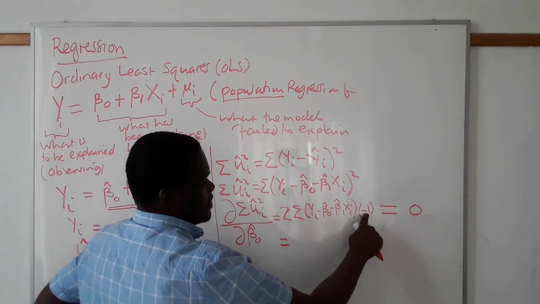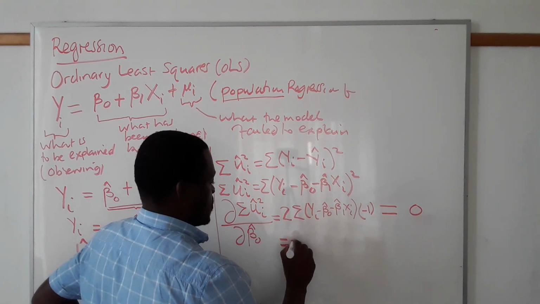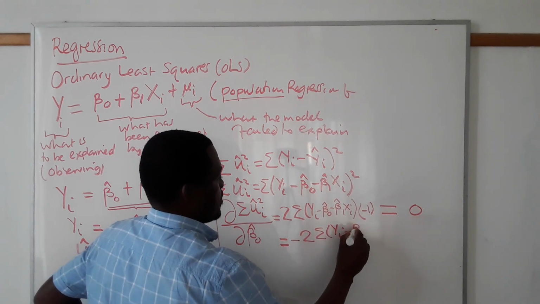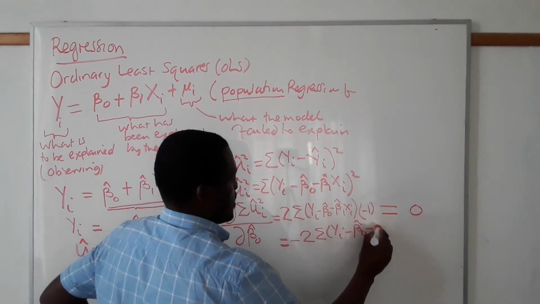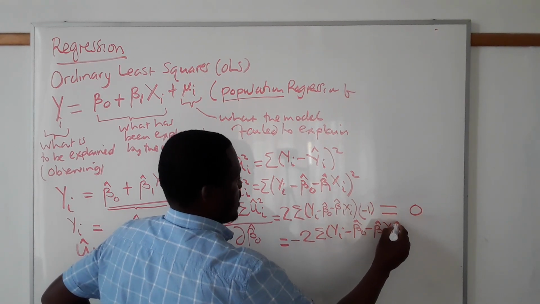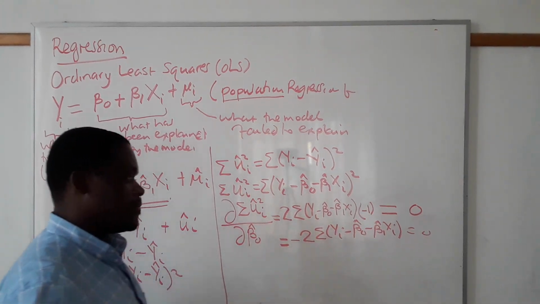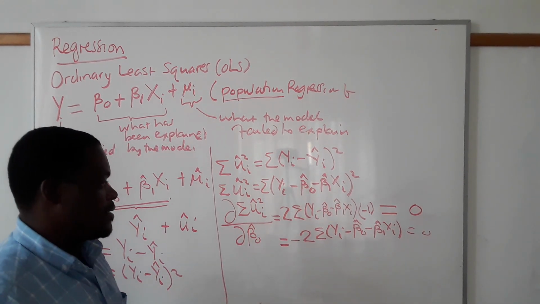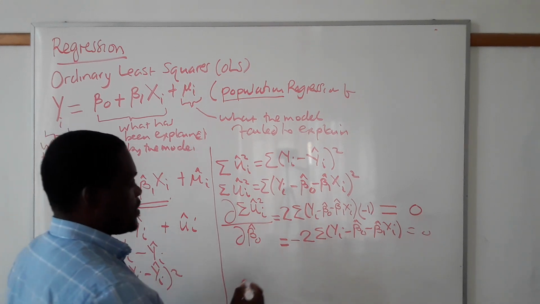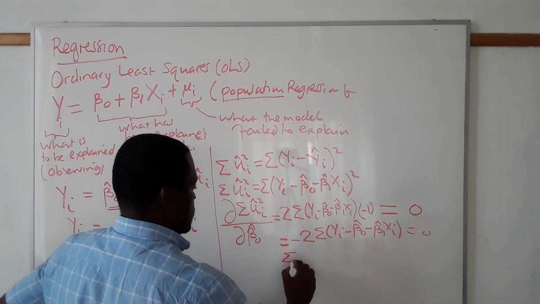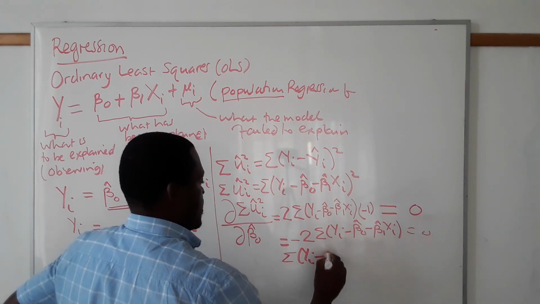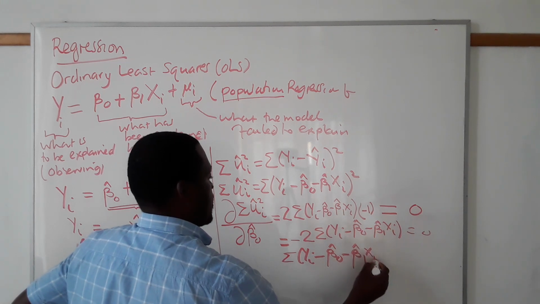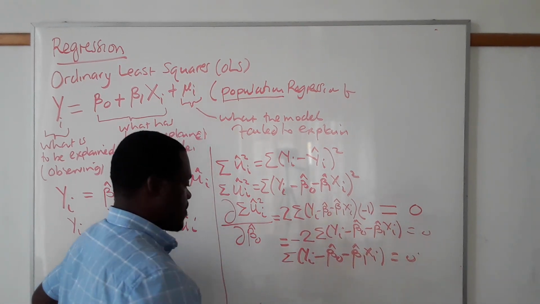This minus 1 is multiplying that 2, so it's actually minus 2 times the sum of yi minus beta hat 0 minus beta hat 1 xi is equal to 0. And you can divide both sides by minus 2 so that eventually you are left with the sum of yi minus beta hat naught minus beta hat 1 xi is equal to 0.